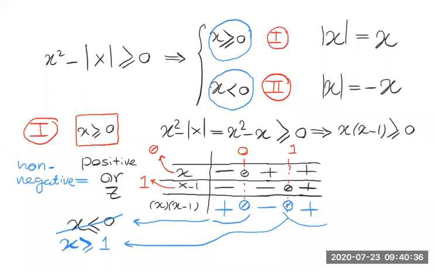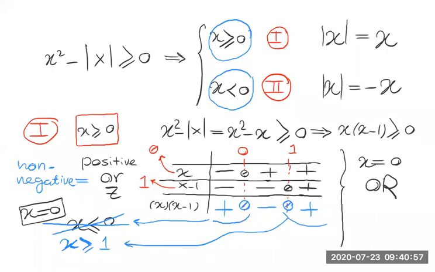So it's not possible to get x less or equal than 0 unless x is equal to 0, because, well, 0 is greater or equal than 0. So the answer here is x either 0 or x is greater or equal than 1. That's the answer for the first part.